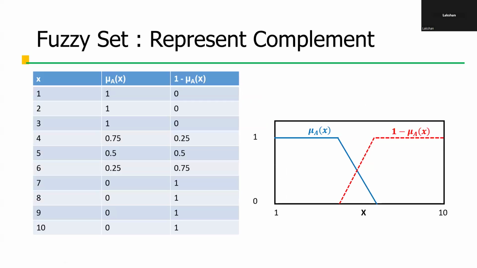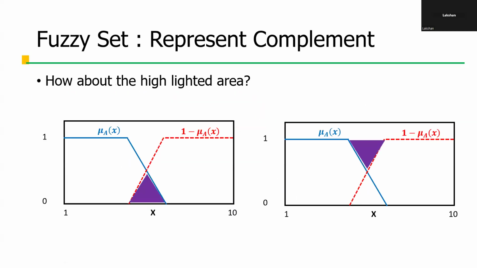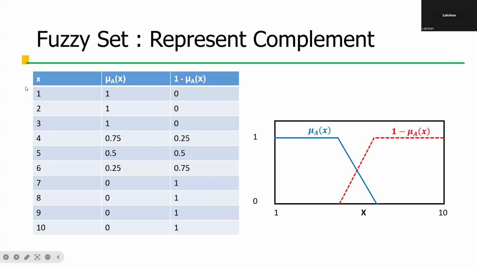For this kind of set, we take in here the minimum value is 0, in here 0, 0, in here 0.25, in here 0.5, in here again 0.25, 0, 0, 0, 0.